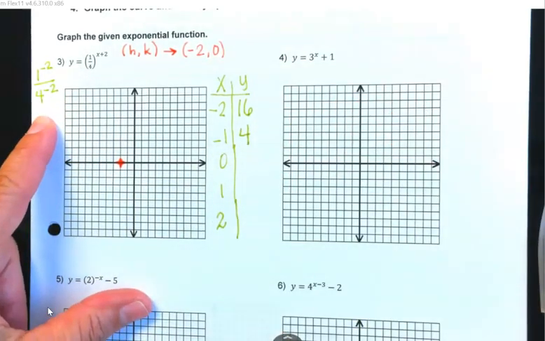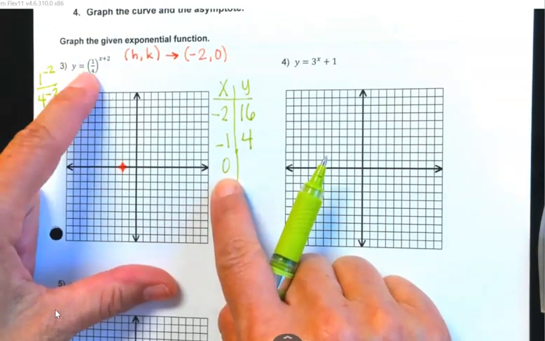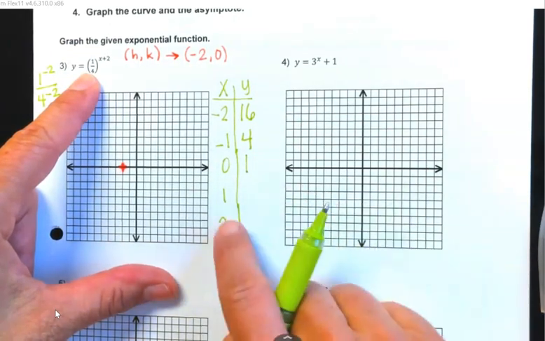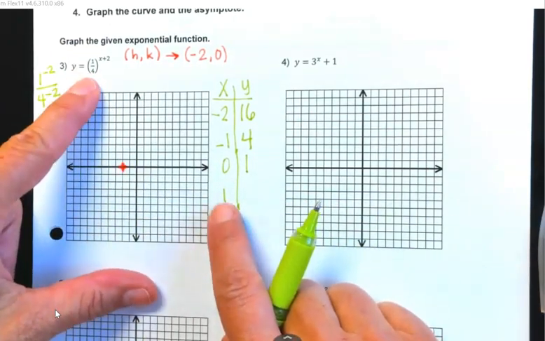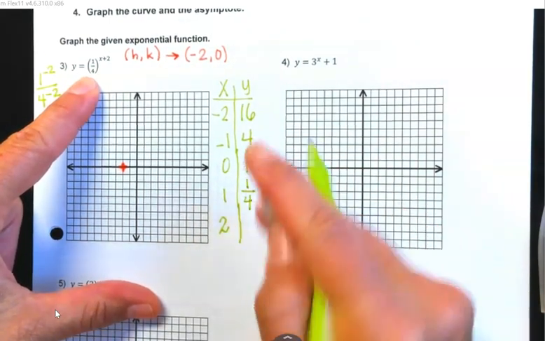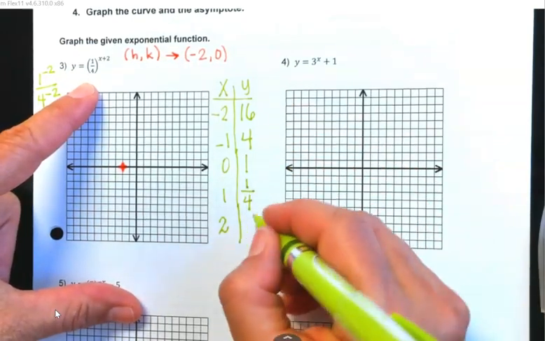Same process. Any questions on that? Yes. Power is 1. So 1/4 to the 0 power is 1. Right here, 1/4 to the first power is 1/4. 1/4 squared, of course, is 1/16.